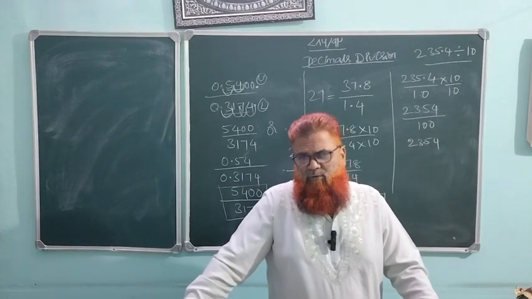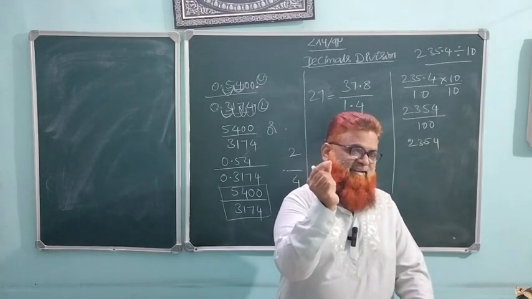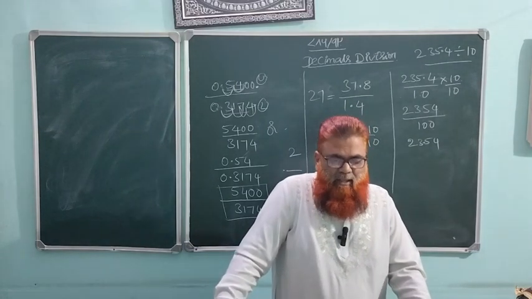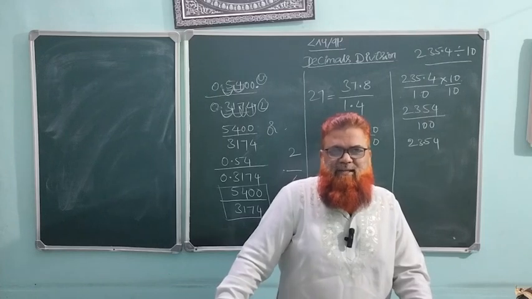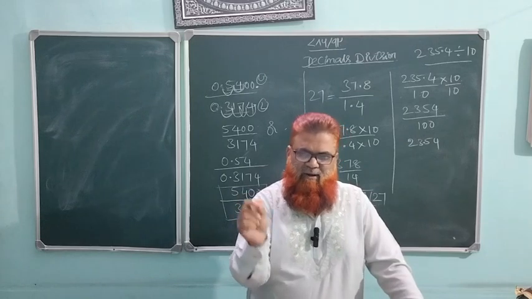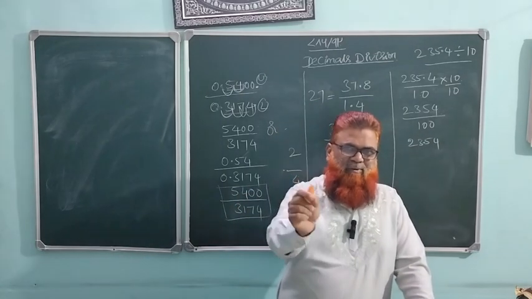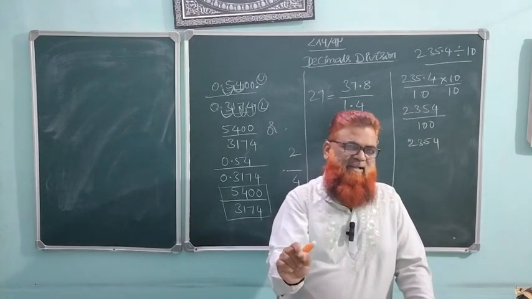With this one, I am going to end up my video today. But there is a little disclaimer about yesterday's video. In yesterday's multiplication of decimals, I wrote some problem on the board, but while multiplying, the problem I multiplied was somehow different.